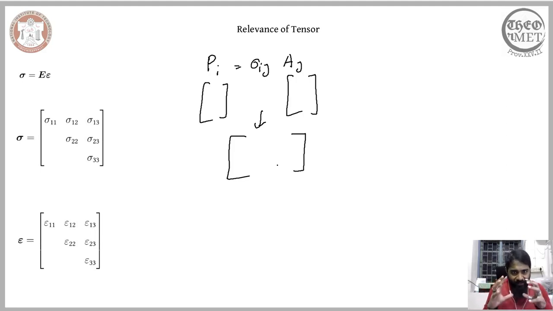Now if you take that understanding and place it in the equation that we have before us right now, in the place of these column vectors, what we have now is a second order tensor. We are now relating two second order tensors. One second order tensor is our stress, the other second rank or second order tensor is our strain. So we are relating these two second order tensors now as we related our column vectors.